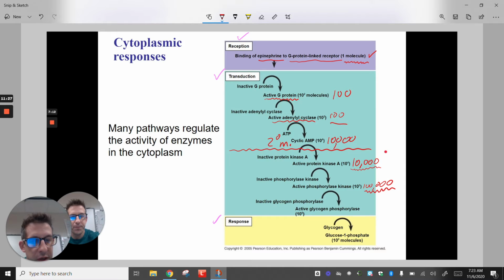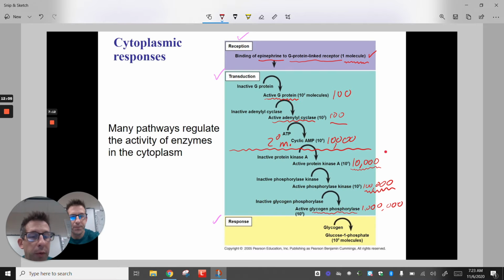100,000 molecules of phosphorylase kinase is going to activate 1 million molecules of glycogen phosphorylase. Now, these last two, you don't necessarily need to memorize the names of these things. Just know that they are proteins in this cascade. But when you take some time and look at the name of this one in particular, glycogen phosphorylase, it'll actually kind of tell you what it does.